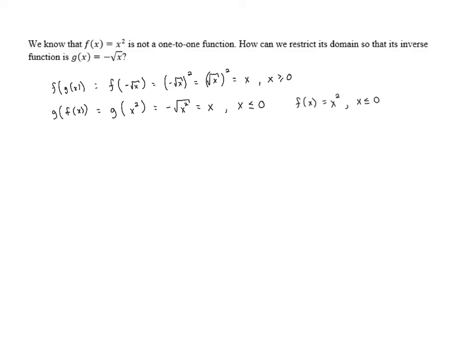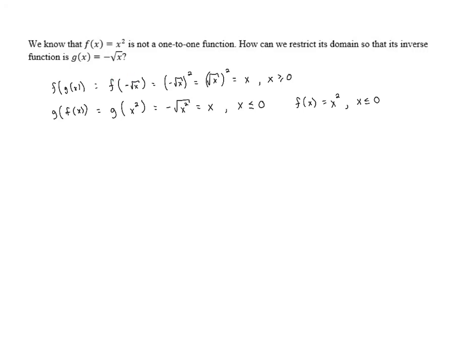This also ends up being fine in the first composition, because when we look at f of g of x, notice that g of x is always going to be less than or equal to 0. This is never going to be positive, so we're already taken care of in this situation that we are never inputting a positive number into f.